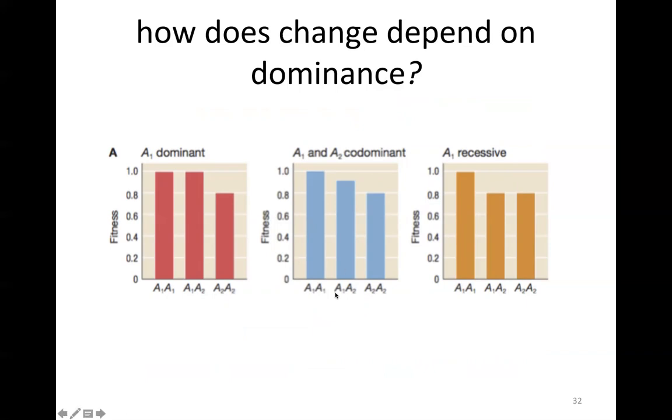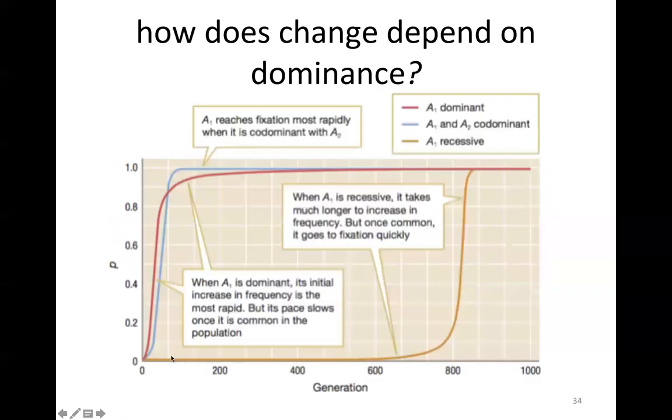At the start, when A1 is at low frequency, it will be in heterozygotes, but it will still increase fitness. So the heterozygotes will spread, and A1 will spread. After some point, there will be more heterozygous matings and more homozygous A1 individuals being produced with higher fitness, and then A1 will continue to spread. So we will have relatively efficient selection, as you see here.